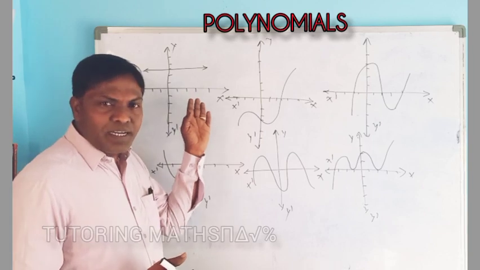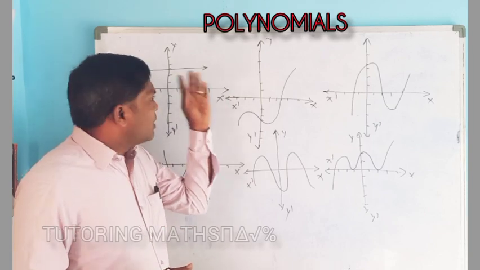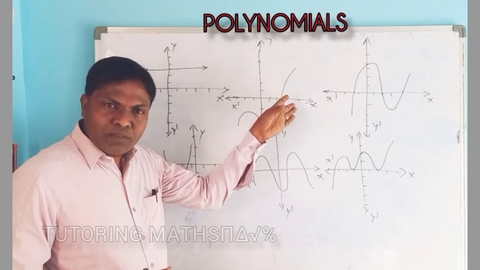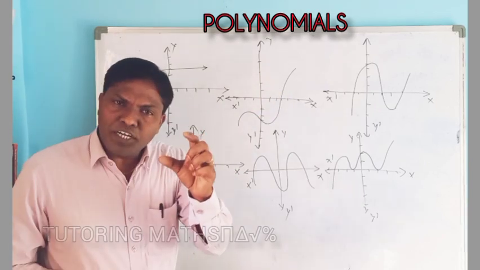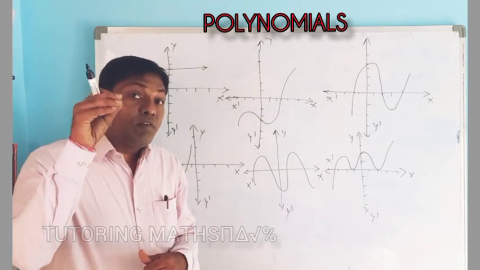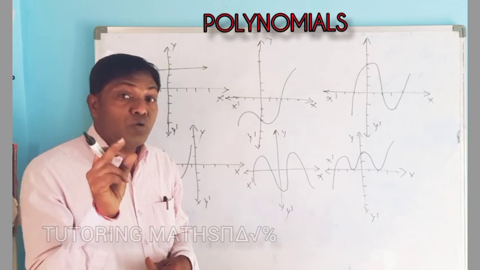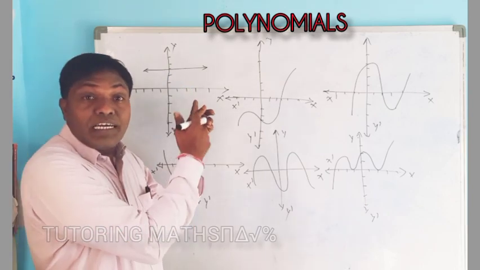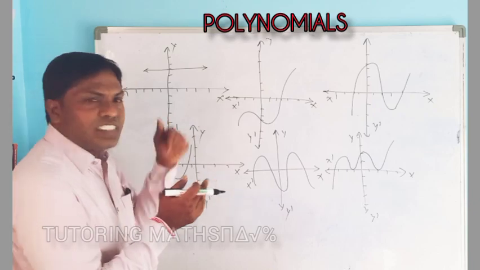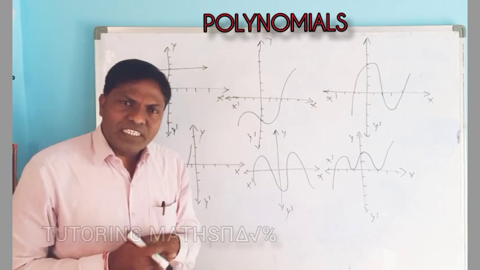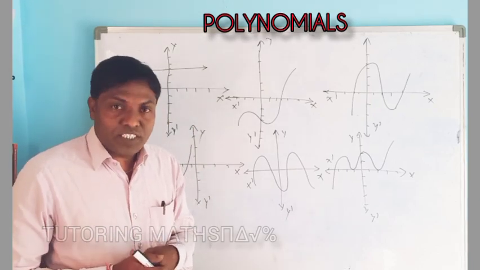Here in this bit they have given some graphs, and we have to observe the particular graph and find the number of zeros that graph has. Let's see the first one. We have already discussed this concept in our previous video.